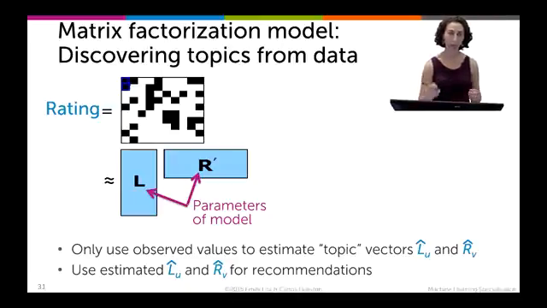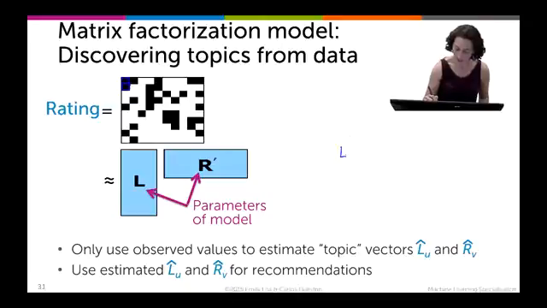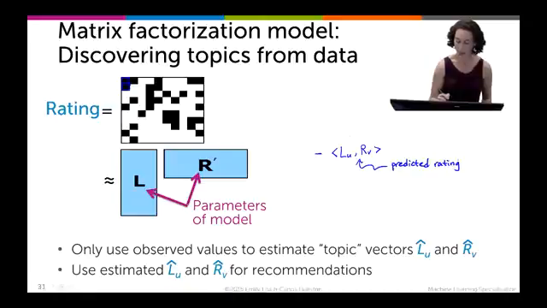Well, in this case, the parameters of our model are L and R, and our prediction, our rating hat, is going to be L_U times R_V, this notation of doing an element-wise product and summing, and that's our predicted rating. And then our observed rating is rating_UV.